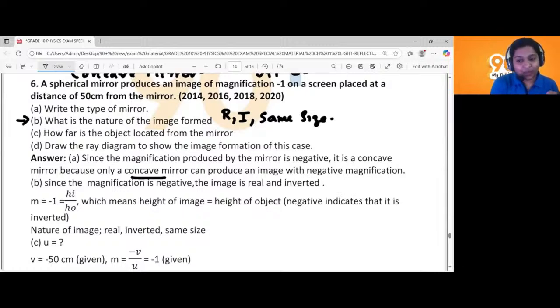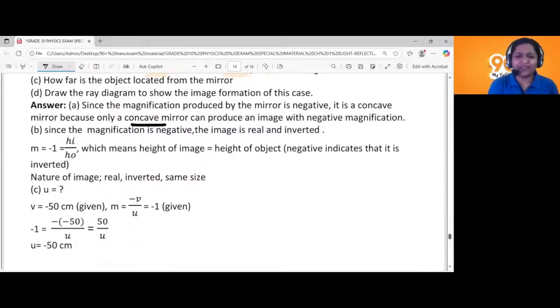Either you can write like that, otherwise we can just substitute in the magnification formula. M equal to -V by U is -1. It is given in the question. We have the value for V. V is -50. Minus of -50 divided by U is -1. Magnification is -1. Just rearrange it.